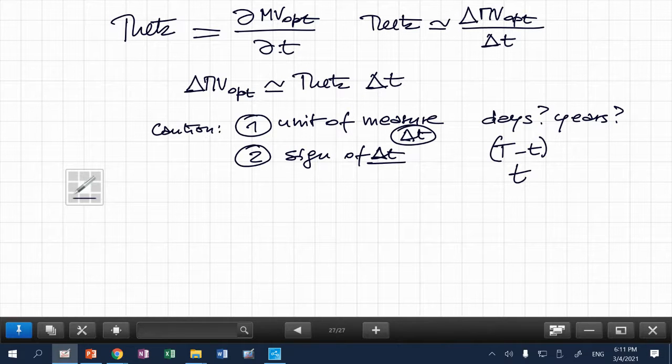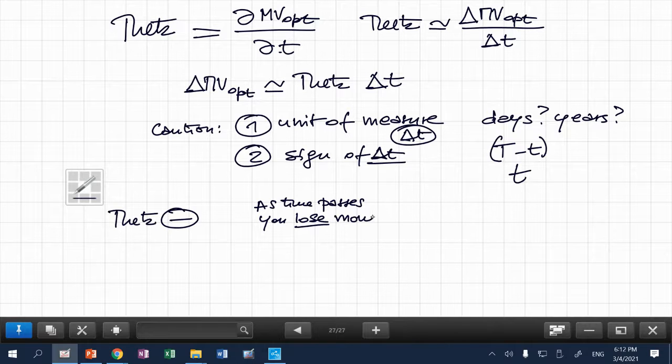So the typical standard, but when you have a software, please check it first if you have to trade on options, is to say that when you are theta negative, it means that as time passes, you lose money, which is the typical position of the buyer.